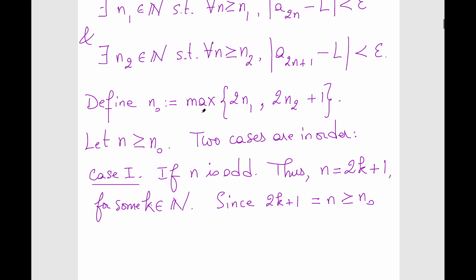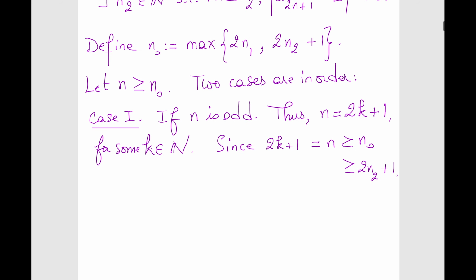Well, n naught is the largest among 2n1 and 2n2 plus 1, right? So n naught is at least 2n2 plus 1. Is this correct? One more time. n naught is the largest among those two numbers, twice n1 and twice n2 plus 1. So certainly n naught is at least this, and it is at least this, right? Because it's the largest among the two. So we get 2k plus 1 is at least 2n2 plus 1. And if you simplify, this means that k must be bigger than or equal to n2.